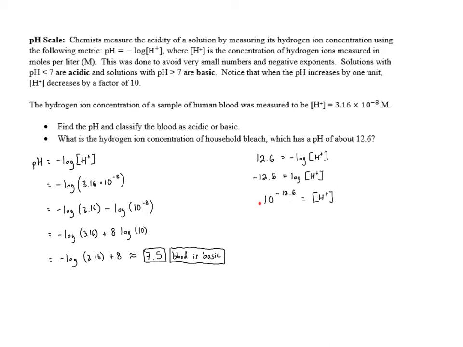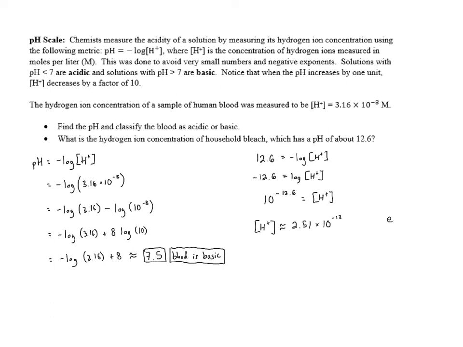And if we type this into a calculator, I know with my calculator, I get an answer in scientific notation. So when I do that, I get that the hydrogen ion concentration is approximately 2.51 times 10 to the negative 13th power.